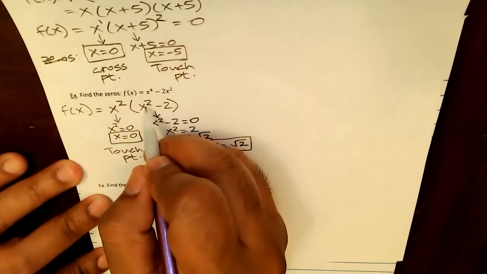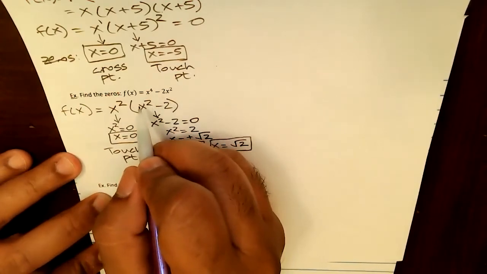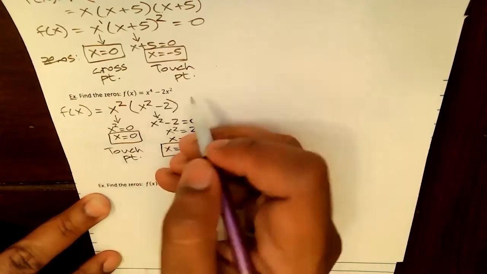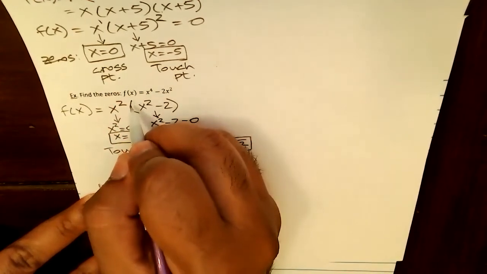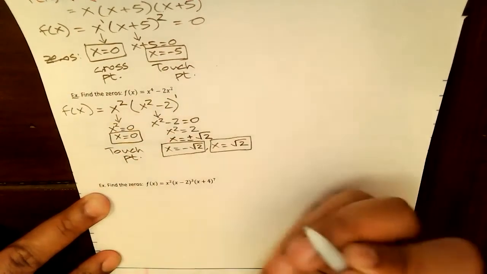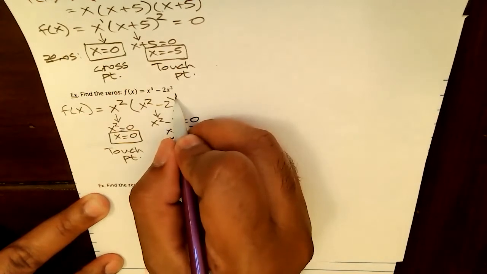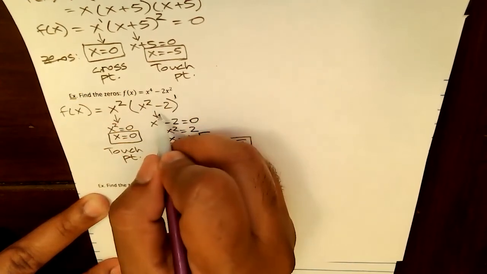Now I do realize that we have x squared, but we have to look at the whole factor. The factor itself is x squared minus 2, and we only had one of those. In other words, everything in parentheses, we only have one of them. So that means it's going to be power 1 out here. So that's what the multiplicity is going to be for this term, x squared minus 2.